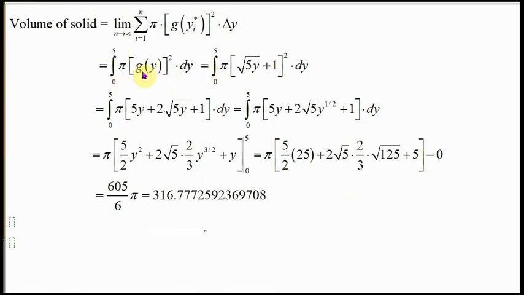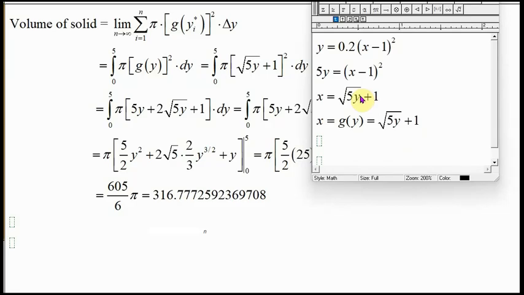And then for this particular example, recall that the original function was written as y equal to 0.2 times (x minus 1) squared. And then writing x in terms of y, we get x equal to g of y equal to the square root of 5y plus 1.